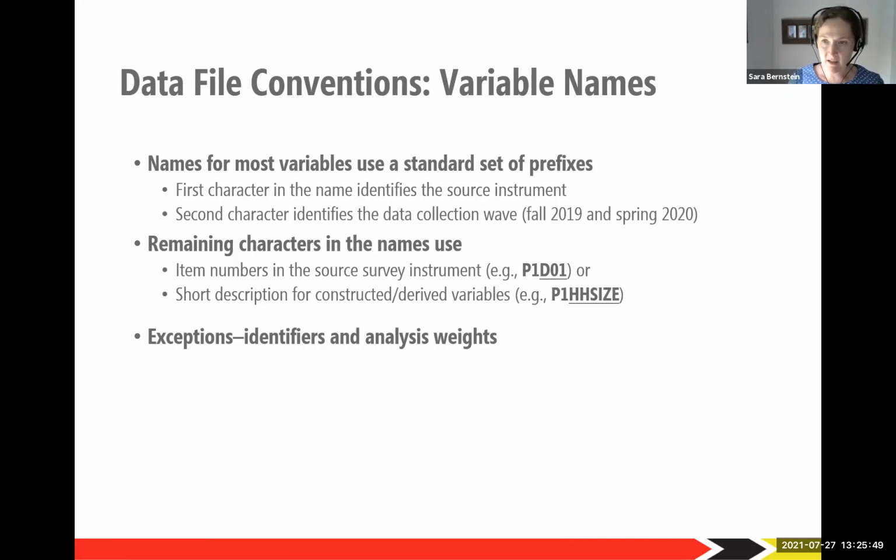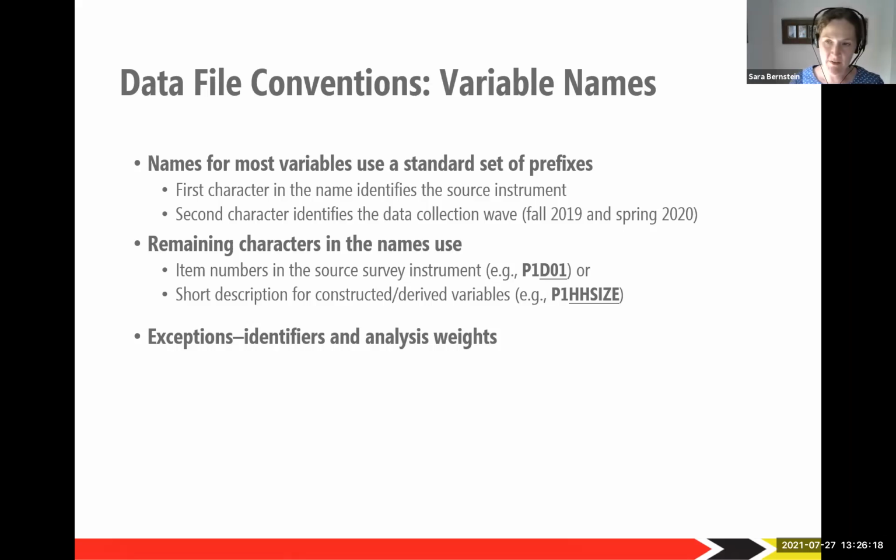The second character represents the wave when the information was collected. So 1 is fall 2019, 2 is spring 2020. Parallel, if you're using the 2015 data, 1 is fall 2015, 2 is spring 2016. You can use this to identify the source and data collection wave for each of the variables. So for example, if you have a variable that starts with P1, that tells you it came from the fall 2019 parent survey.